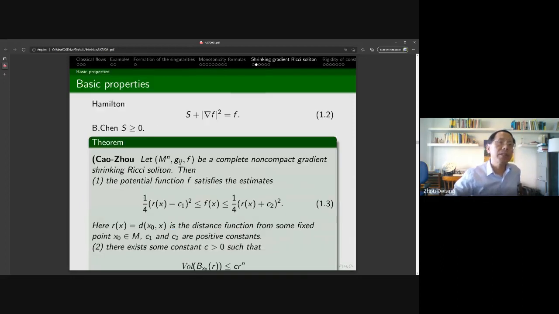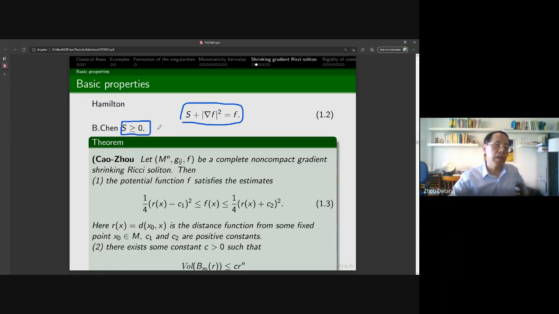So there are some basic properties. The first one is that Hamilton proved that f can be normalized such that the scalar curvature plus the norm of the gradient of f squared is equal to f. And Chen proved that a shrinking gradient Ricci soliton always has non-negative scalar curvature.